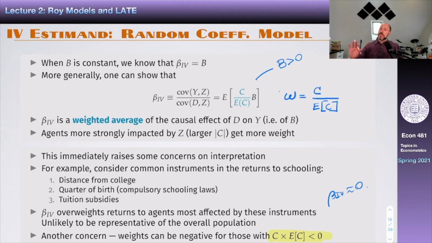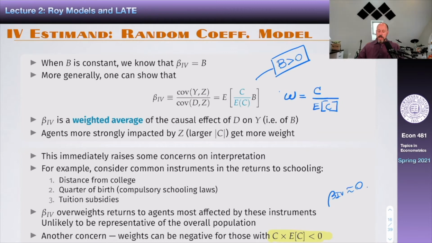So now conceptually, this is complicated, because your IV may tell you there's no effect of the treatment on the outcome, when in reality, even though there's an observed heterogeneity, you have an effect that is positive for everybody. So this raises interpretation concerns.